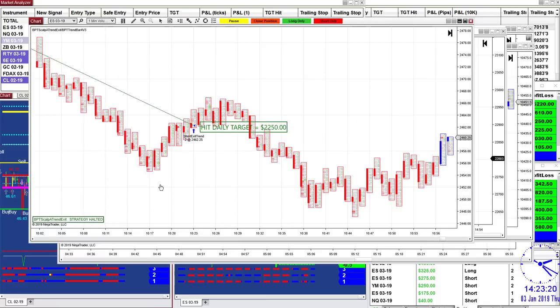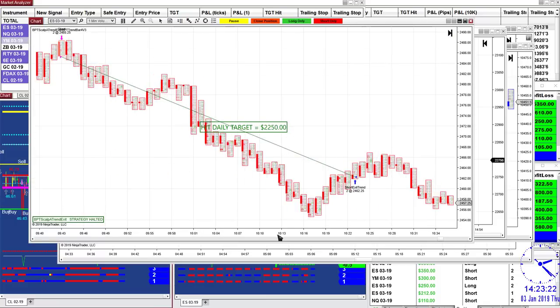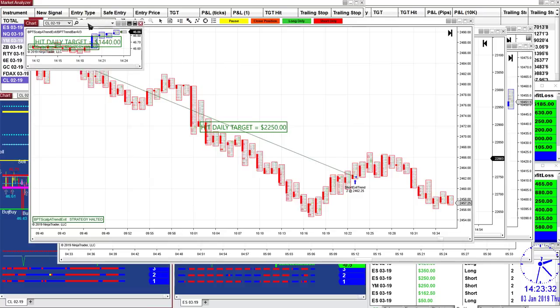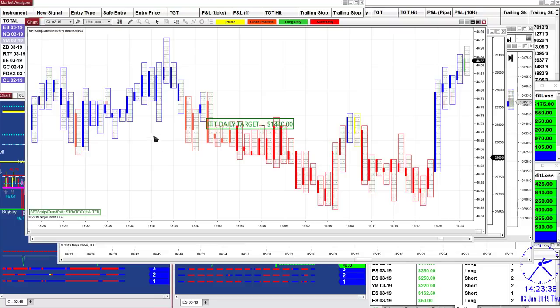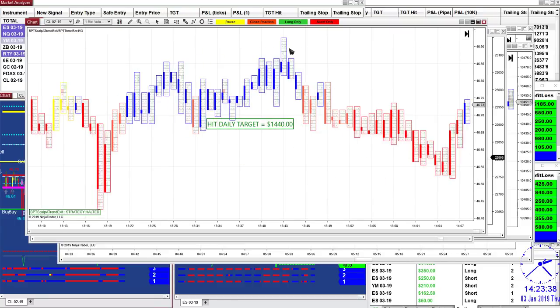I love this chart. Look at this, beautiful, beautiful, beautiful. I love it. Very nice entry, very nice exit. 2,200, one trade. Thank you very much and have a nice day. That's it. This one here is 1440.